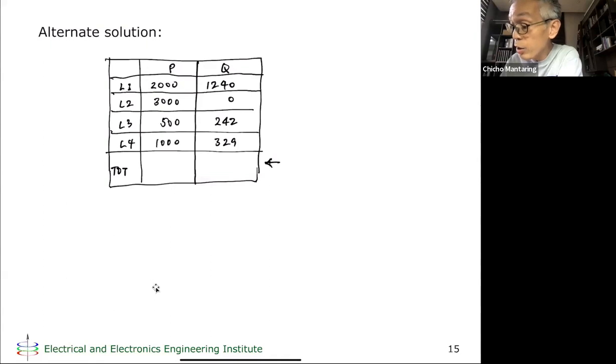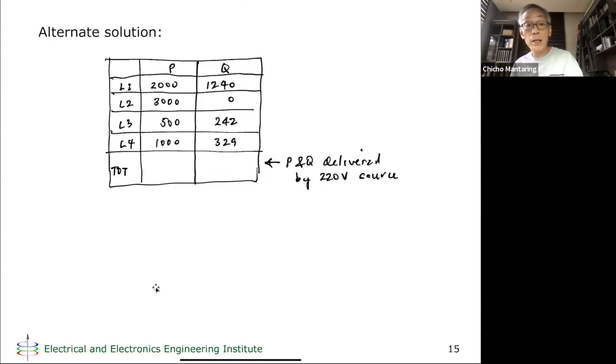Now this total will be the P and Q delivered by the 220 volt source, because of the law of conservation of energy. And if I total this, this is 6,500 watts and 1,811 vars.